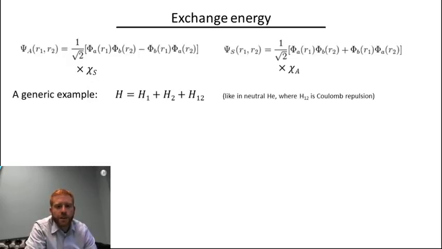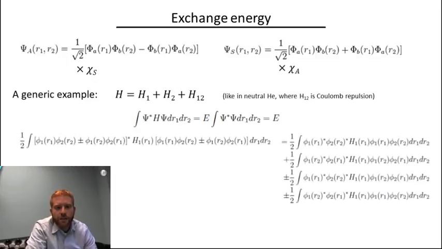Now let's evaluate the energy associated with these wave functions of different symmetry. Note that the only difference here is the sign between the product states. Calculating the expectation value of the energy, the diagonal matrix elements of the Hamiltonian, gives us many terms. For instance, there are 4 terms related to integrals over the part of the Hamiltonian covering electron-nucleus Coulomb interaction of the first electron, H1, 4 for the second electron, H2, and then the electron-electron repulsion term, H12.